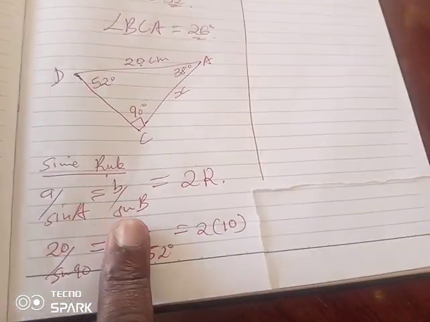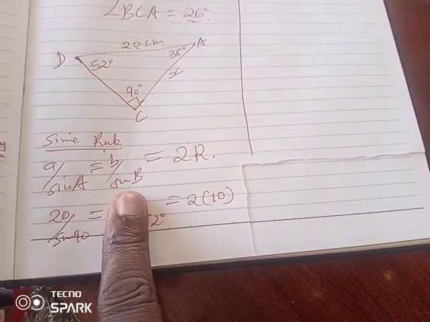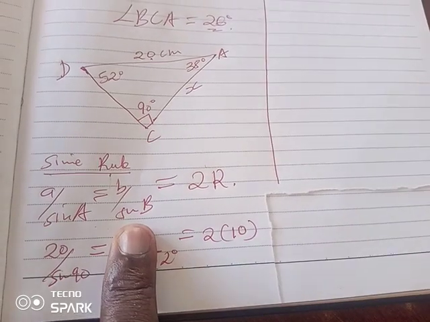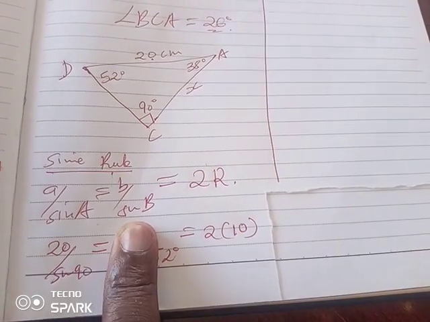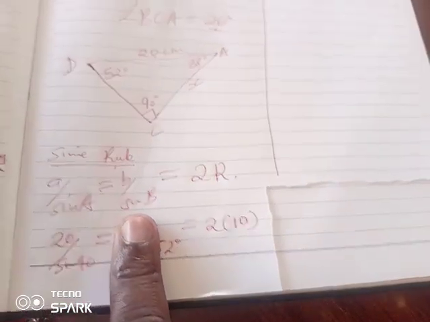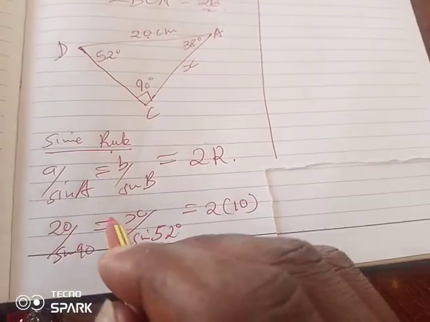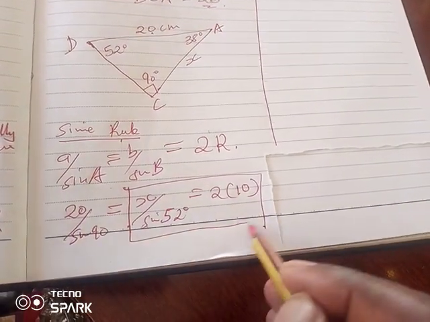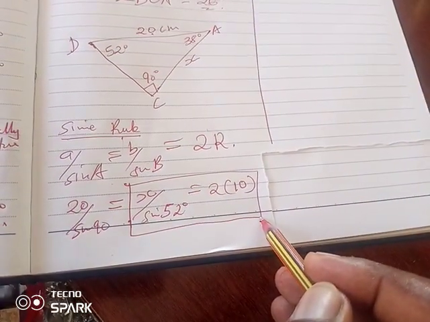Even if I try to block this, it is true that sine 90 is 1. So 20 divided by 1 will still be 20. And therefore 20 is equal to 2 times 10, and therefore I will be true to use this. It's a common ratio.